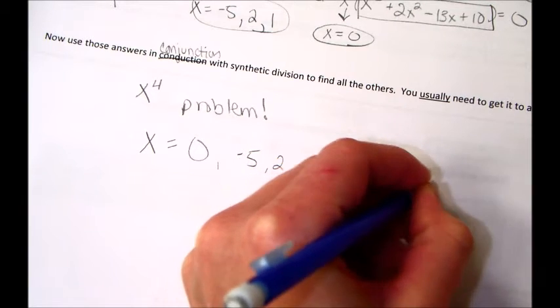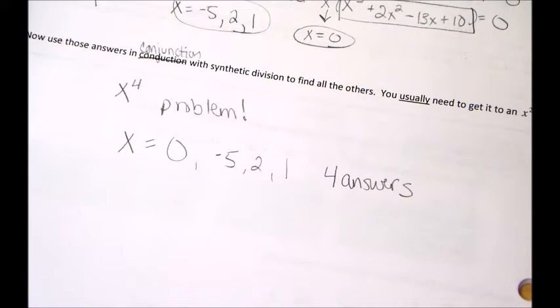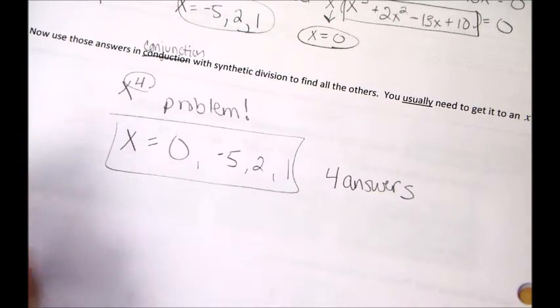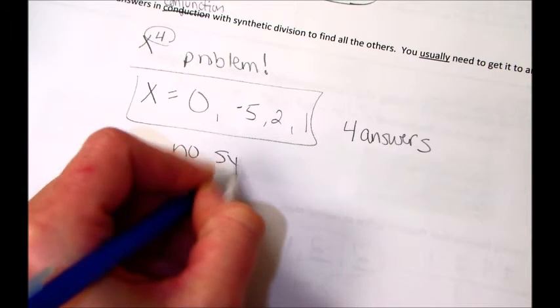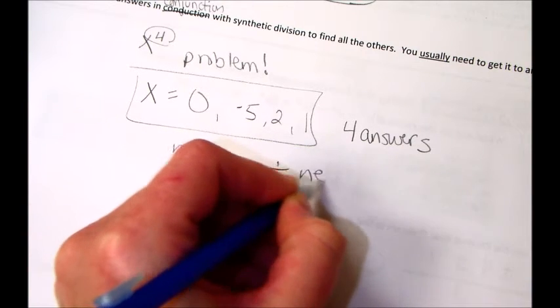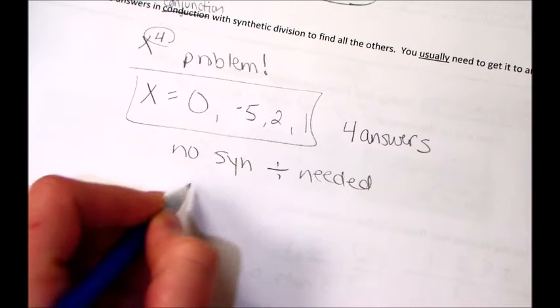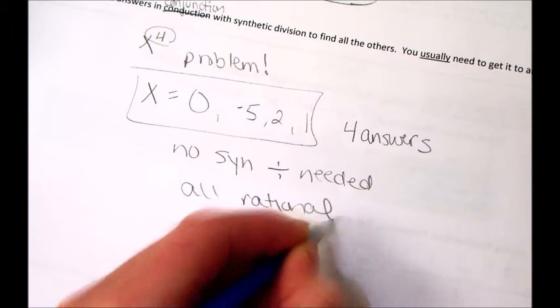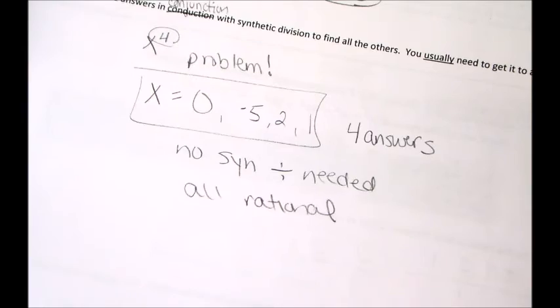I should say maybe even 4 solutions might be a better way of saying it. So I know because it was an x to the 4th, I don't even have to do synthetic division because they're all there. No synthetic division needed. They were all rational, which makes this problem very, very easy.